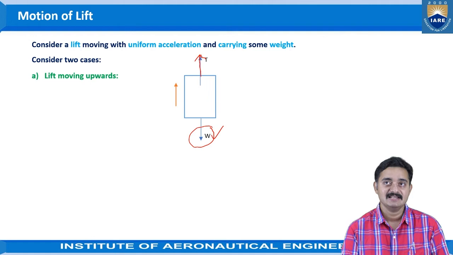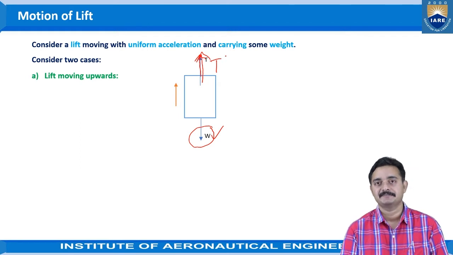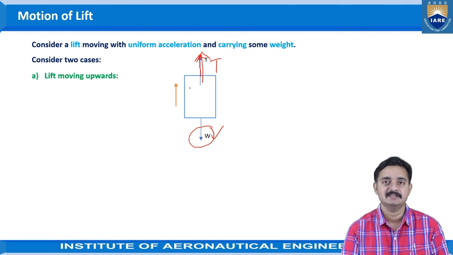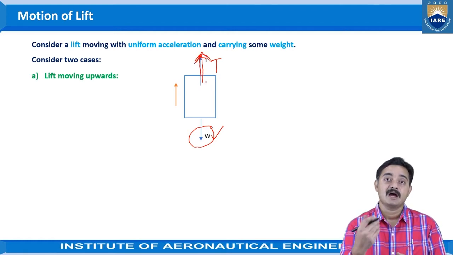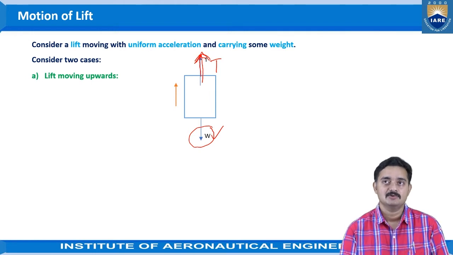As the lift is tied using a wire, there will be tension acting in the steel wire, and that tension is in the upward direction, away from the object. So always the tension will be shown in the direction away from the object.